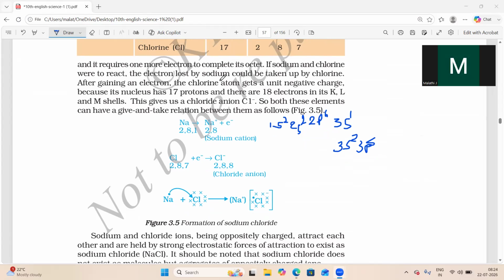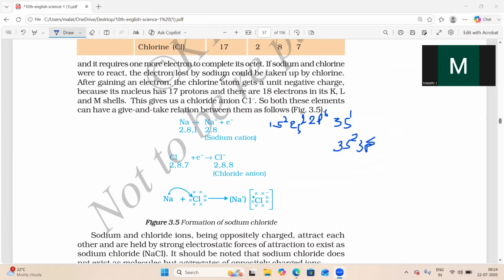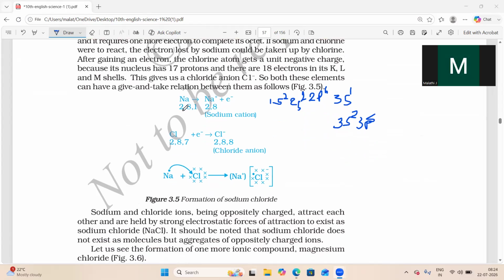One example we already studied last class is sodium. You write the electronic configuration for sodium. The atomic number of sodium is 11. So the electronic configuration is 1s2, 2s2, 2p6, 3s1.